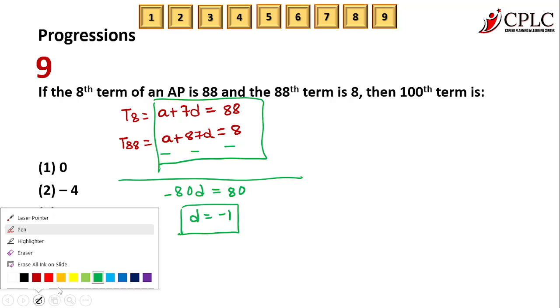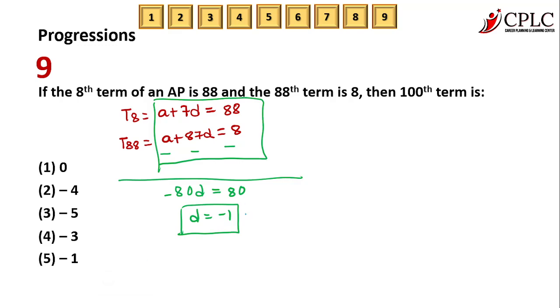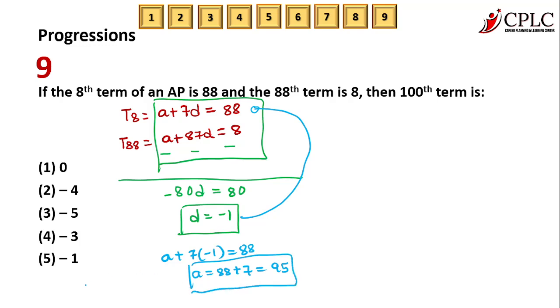Let's substitute that value of d in one of the equations, probably the first one. So we get a plus 7 times d, where d is minus 1, is 88. So a is equal to 88 plus 7, which is 95. So a is 95. Now what are they asking us? They're asking the value of the 100th term, T100. The AP formula Tn is a plus n minus 1 into d.